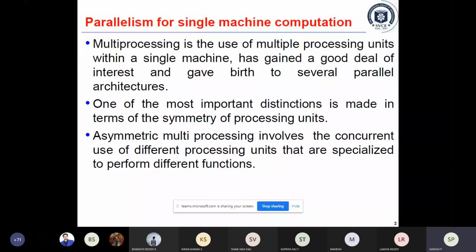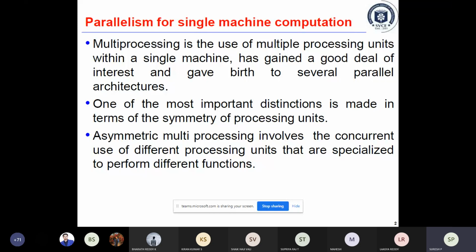So Flynn's taxonomy categorizes into SISD, SIMD, MISD, and then MIMD.